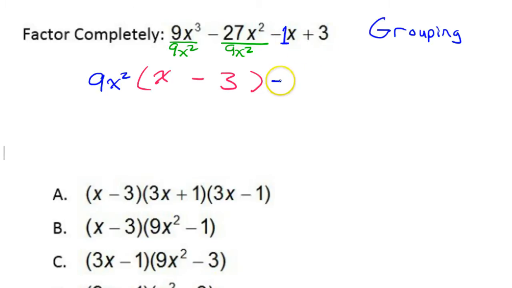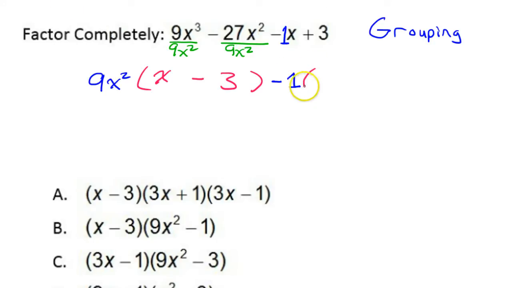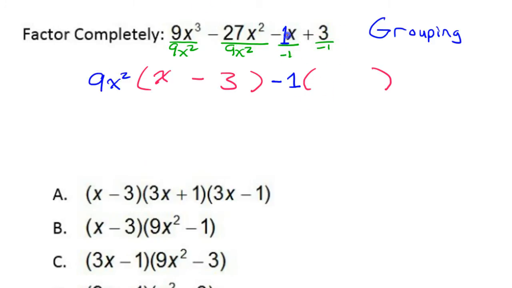So I'm going to pull out this negative 1 as a common factor, and then I'm going to think about what would be inside parentheses if I created parentheses. And again, if it helps you to think of it as a division problem, then you could think of it as dividing both of these by negative 1. Well, negative 1x divided by negative 1 would be positive x.